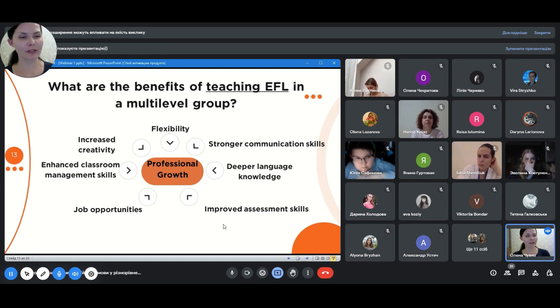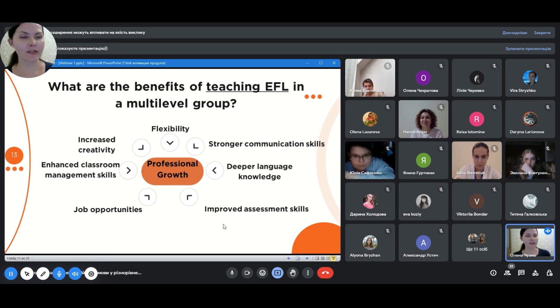We came close to the benefits of teaching EFL in a multi-level group of learners. What are the benefits? On the one hand, it seems that there are more challenges than benefits, but I would like us to start with the advantages. The major benefit for us teachers is our professional growth. Why?